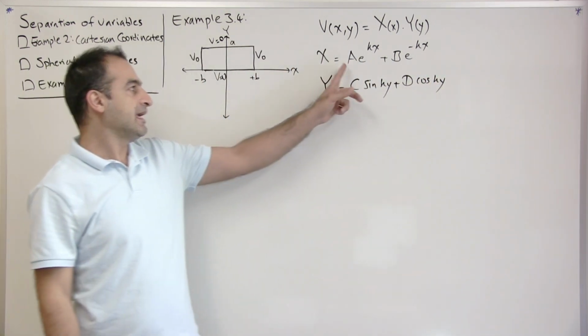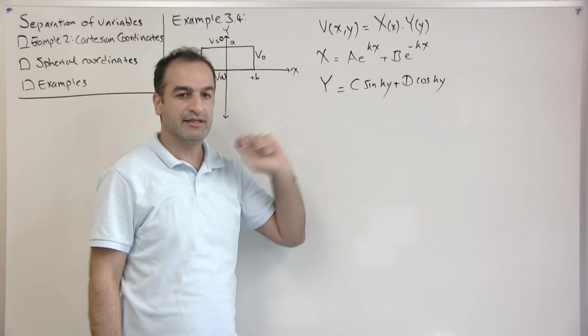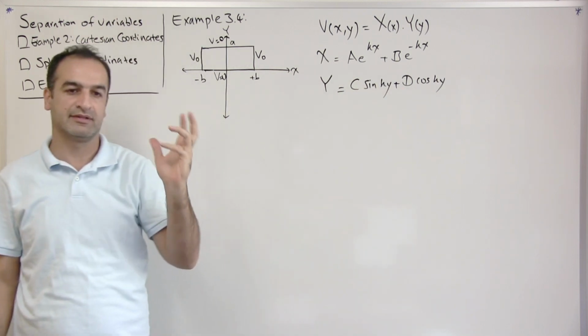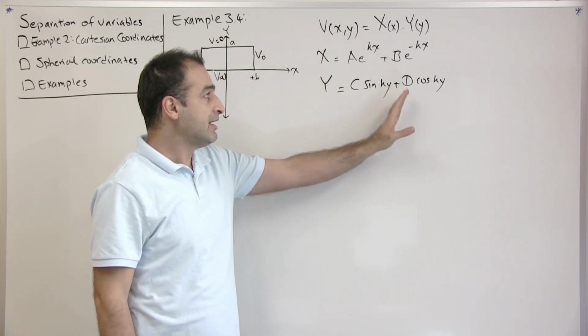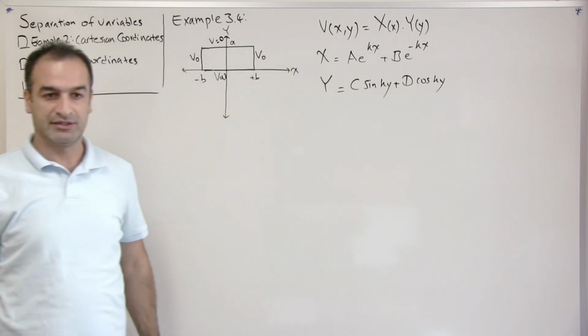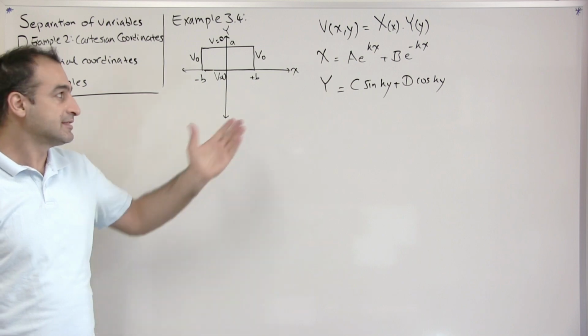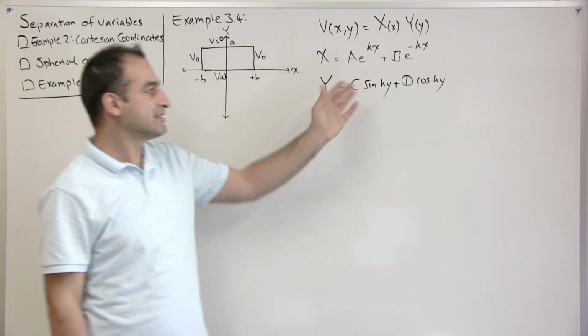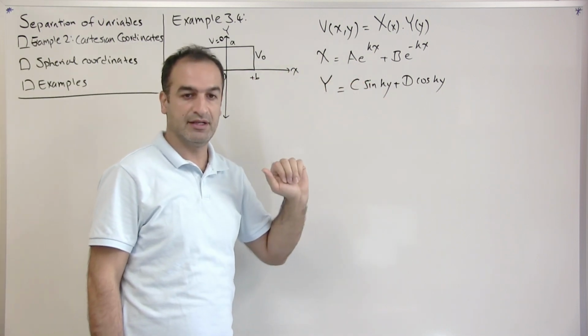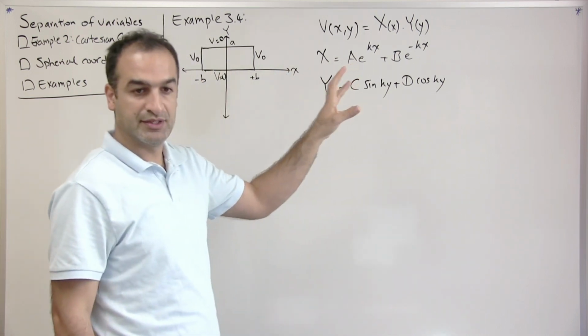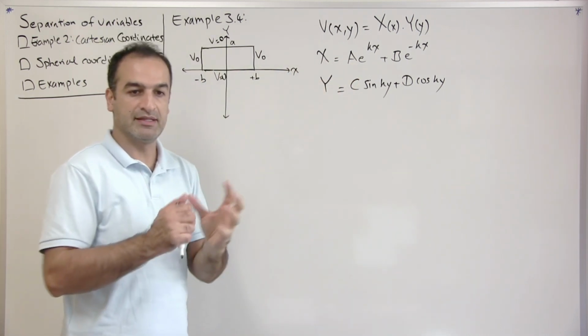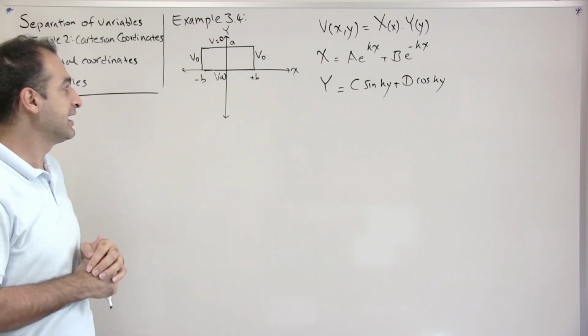Again, A, B, C, and D are constants. They're technically fitting parameters that we want to find based on the boundary conditions. As we discussed before, some are easier, some a little more difficult, but these X and Y are general solutions and we need to narrow them down based on the boundary conditions that we have.